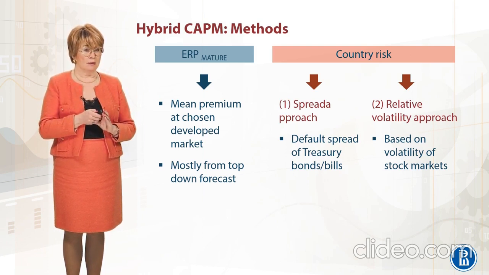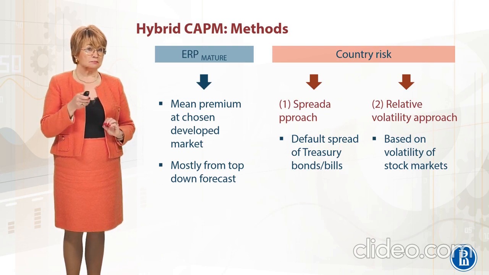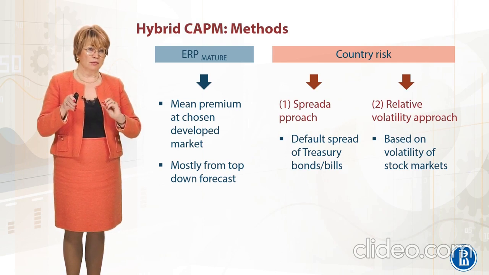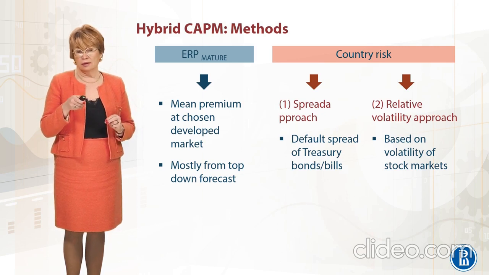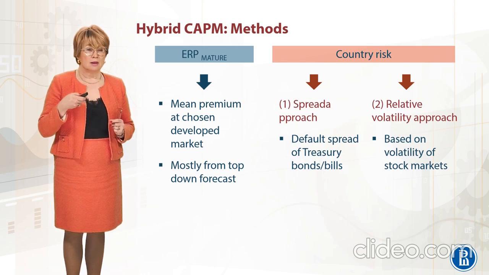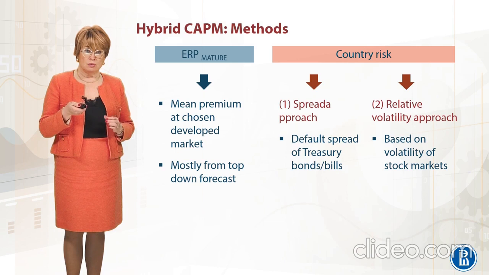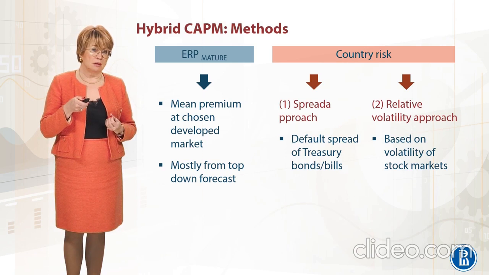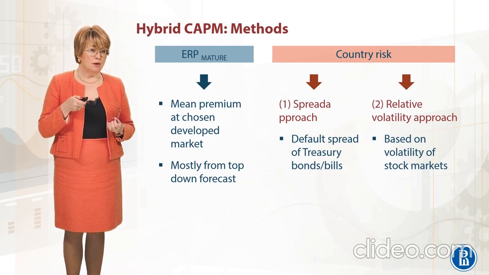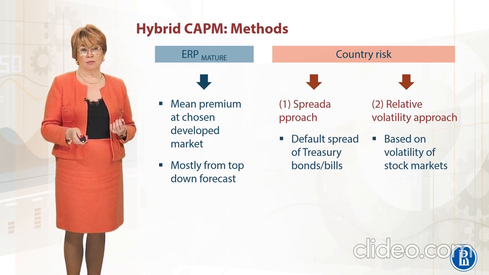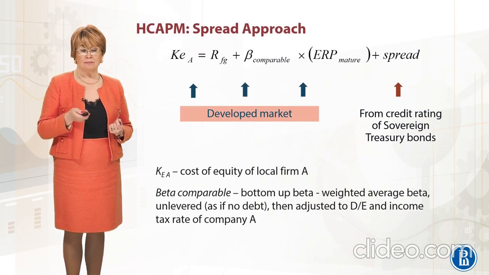So this country risk could be found and incorporated by these two different techniques, and the analyst may choose between them. How about the equity risk premium? This should be the mean premium at some chosen benchmark developed capital market, and mostly it would be found from top-down forecasts, as it follows from the research literature.